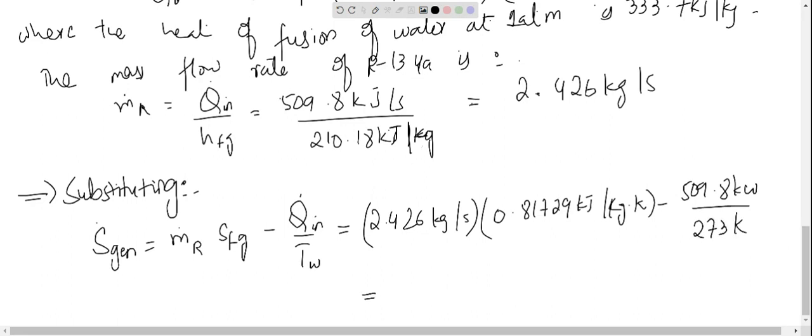So this equals 0.115 kilowatt per Kelvin. So this is our required answer, the rate of entropy generation.